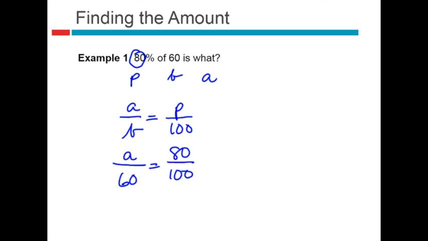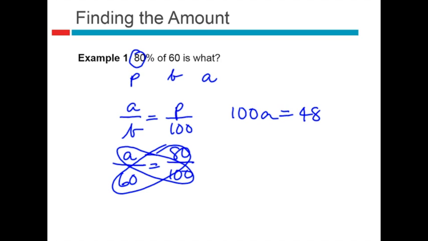So what we do when we solve a proportion is we cross multiply or multiply along the diagonals. So we're going to take A times 100 and 60 times 80. So A times 100, 100A is equal to 80 times 60. That's going to be 4,800.